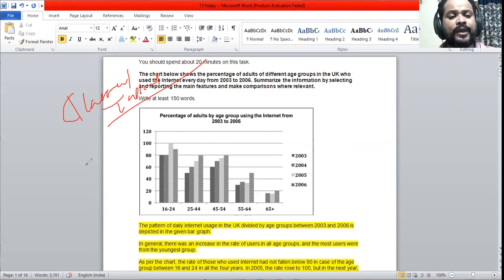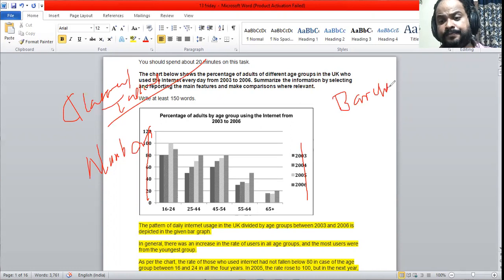Here you have a lot of numbers to compare. There are other types of pictures where we see these types of things. The bar chart is number 1. Number 2 is pie chart.